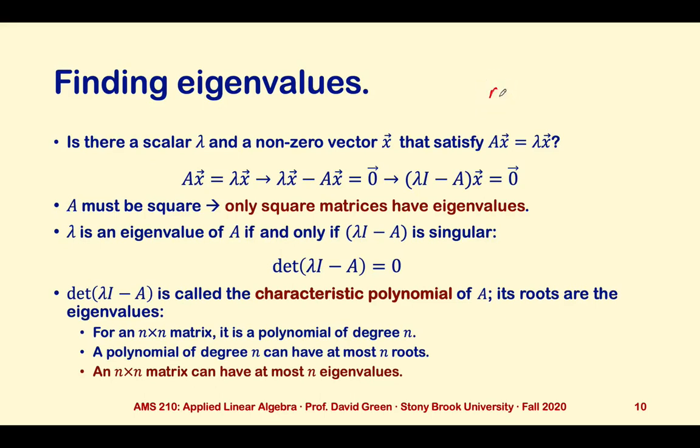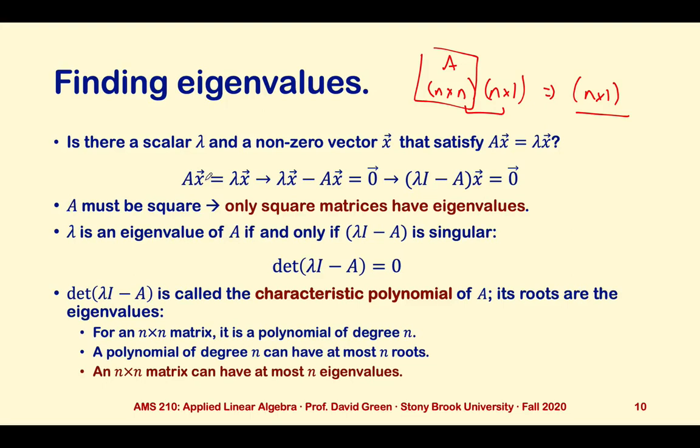If x is an n by 1 matrix, and this is a scalar multiple, the right-hand side has to be an n by 1. How do we get an n by 1 matrix with matrix multiplication? Well, the inner dimensions have to match. We have to have an n here, and the final result has to be of the right shape, so A has to be an n by n square matrix.